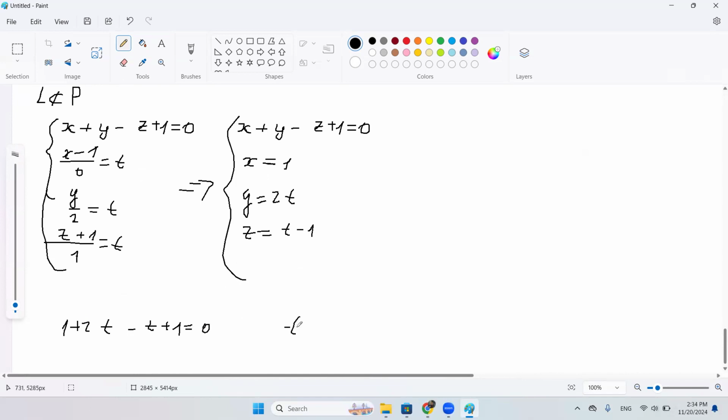So t equals minus 2. And what we have, the coordinates of the point N: 1, so 2t minus 4, and z is t minus 2, so minus 3.